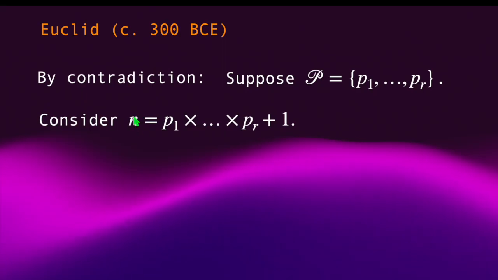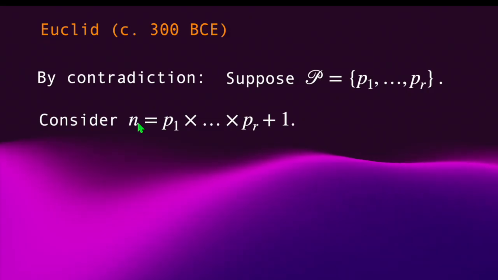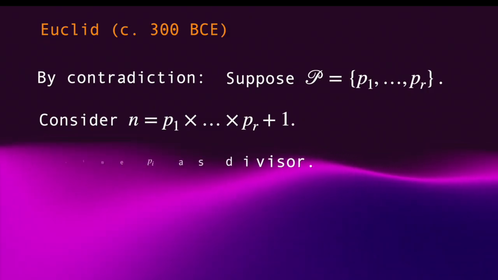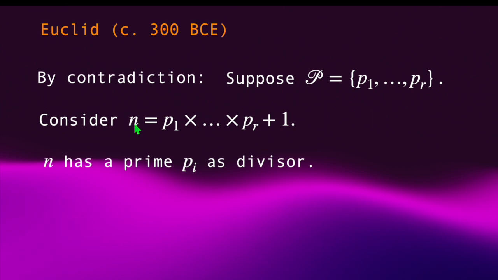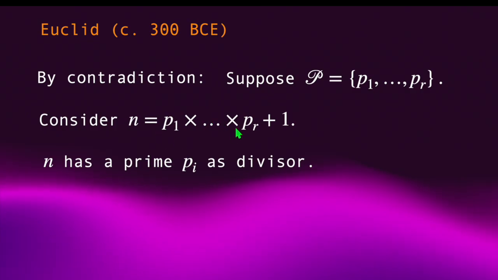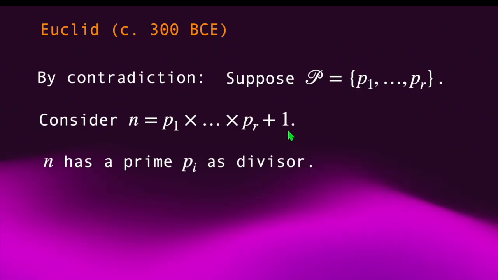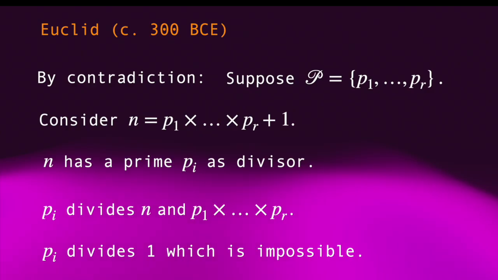Since any integer has a prime divisor, there will exist a pi which divides n. But pi is also in this product, so it will divide the product. So it will divide 1, which is impossible because pi is a prime number. And we get the contradiction. So that's Euclid's proof, which is so easy.